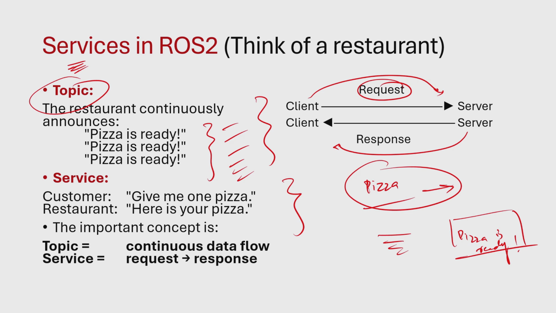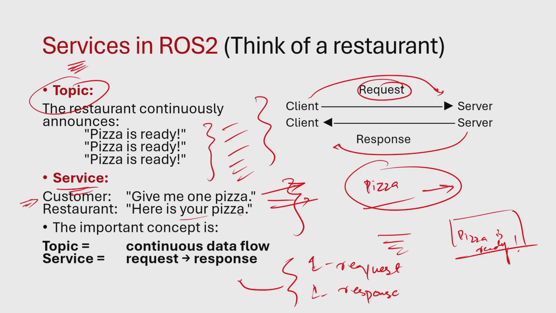But we don't need that. What we need is the concept of service. For example, the customer goes and asks, give me one pizza. The restaurant says, okay, we will prepare it for you, and says, it is your pizza. So just one request and one response. This is the concept behind services.